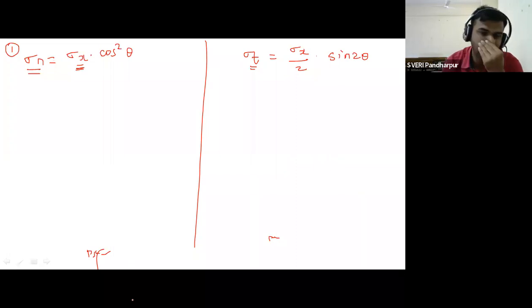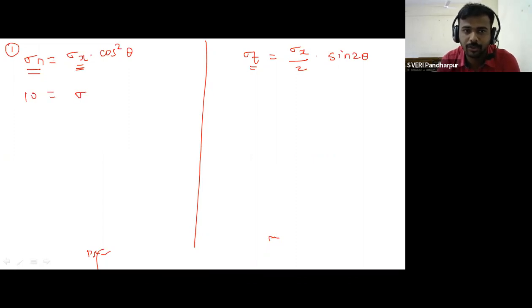So one by one calculate, put the value of sigma n, that is equal to 10. So sigma x into cos square of minus 30.